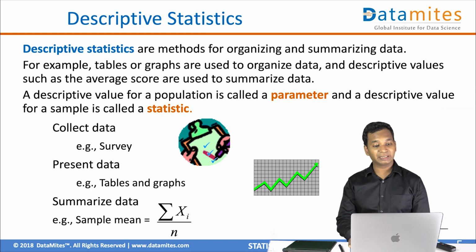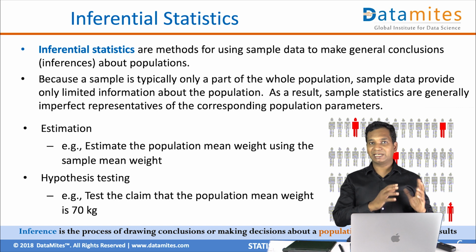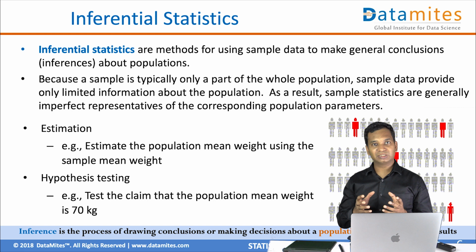A second broad area is called inferential statistics, where we don't deal with the entire data, because most of the time you go for inferential if you don't have access to the entire data, or it's difficult to get this entire data. You rather work with a sample, which is a subset of the data. A simple example we could discuss is exit polls in political elections.